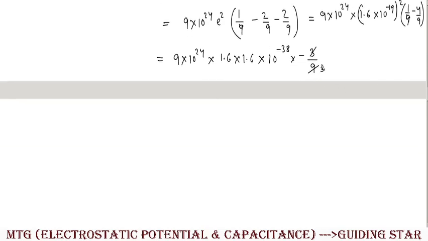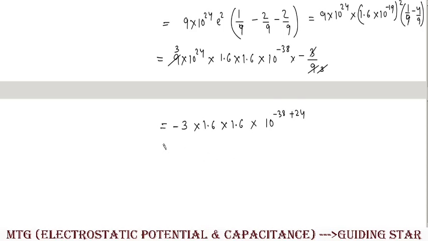So if it is minus 1 by 3, then 3 into 9, so finally how much will we get? It will be 3 into 1.6 into 1.6, and the negative sign is already there, so we have to keep the negative sign over there, clear. So finally, into 10 to the power minus 38 plus 24, clear.